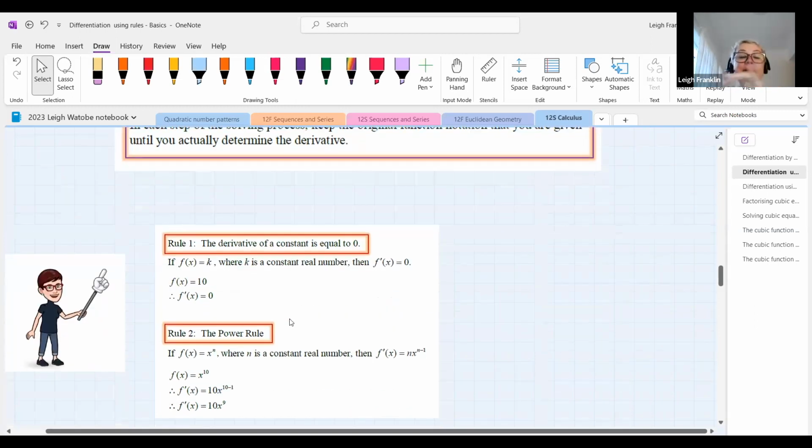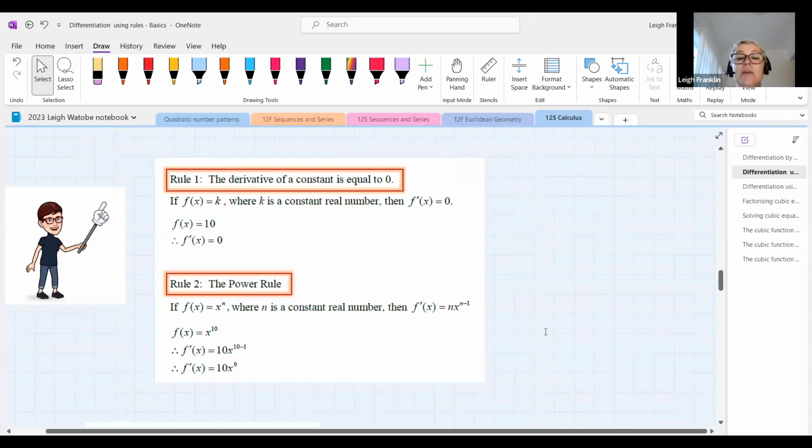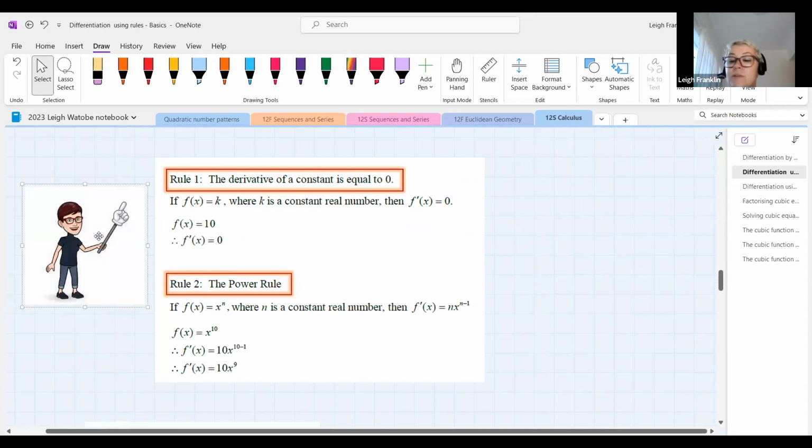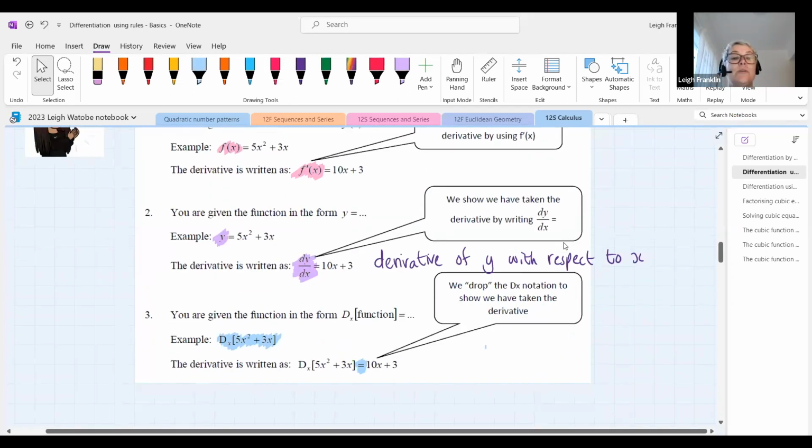Now let's get to the actual rules. There really are only 2 rules that you absolutely need to know. So take screenshots. Sorry, I know I'm going through this fairly quickly. Are there any questions? Sorry, I should have asked. Any questions? And take screenshots. Yes, take screenshots.